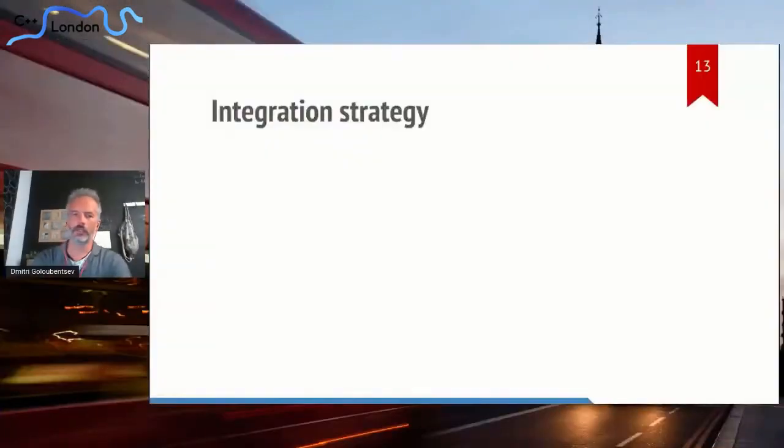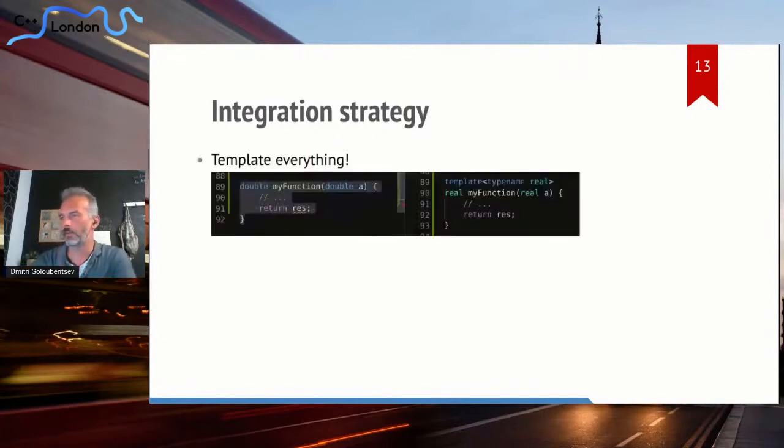So how do you actually integrate this pattern into your code? One way of doing this is to template everything. So you had your analytics implemented using double value types. You can say my new type I'm dealing with is real, and it's a template.